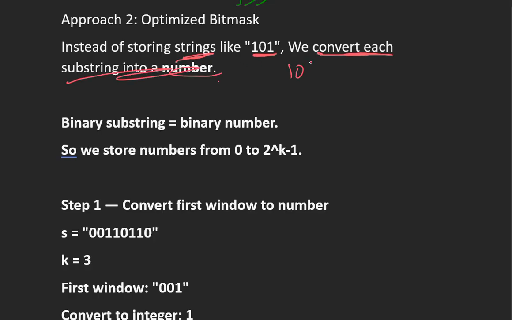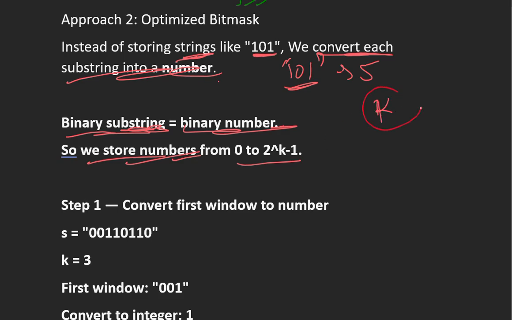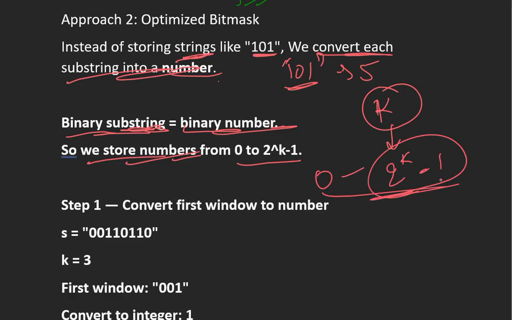So see, 101 is there now, so instead of storing 101, we store 5. We convert the binary substring into a binary number, and we store numbers from 0 to 2 to the power k minus 1. If k is given, what is the maximum number? The maximum number is 2 to the power k minus 1. So we store all the numbers from 0 to 2 to the power k minus 1.